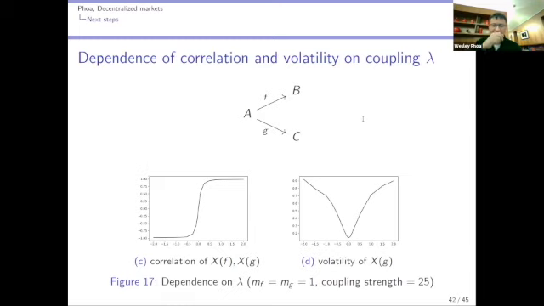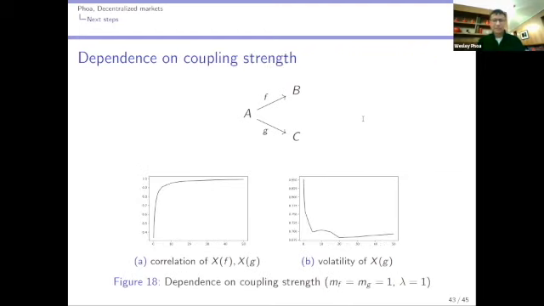But interestingly, there's some implications on what the volatilities can be. So there's something a bit delicate going on here. And the other thing, this bit's not surprising, is that the stronger you make the coupling strength, then the more extreme the correlation you get.